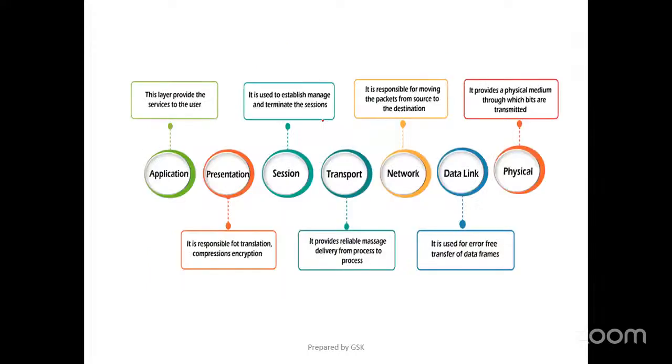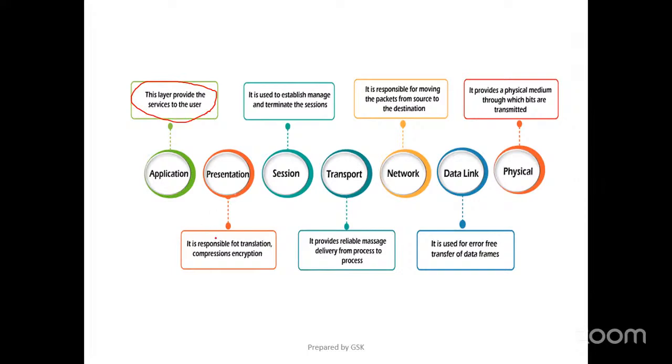Now, as of now, what we covered are the layers available in the OSI model and the major responsibilities of the 7 layers. You can observe all those things in brief in a single slide. Application layer: this layer provides the service to the user, in simple terms.